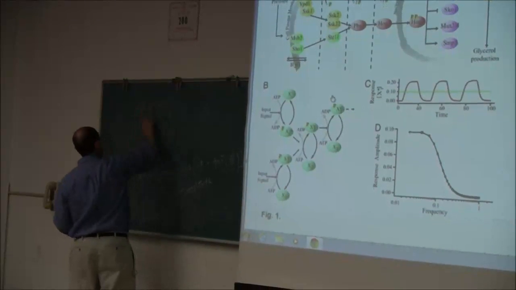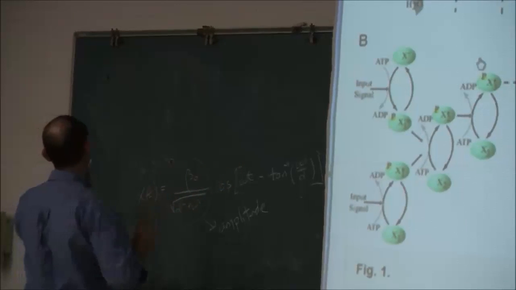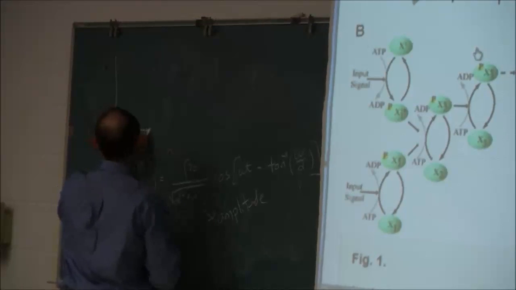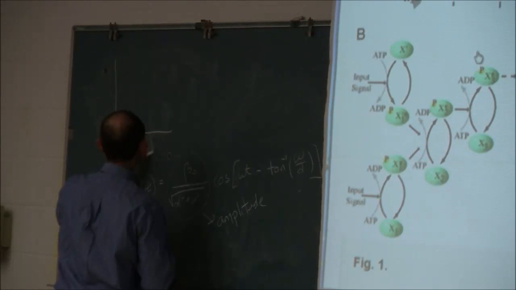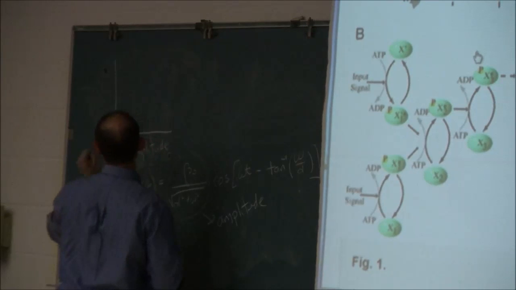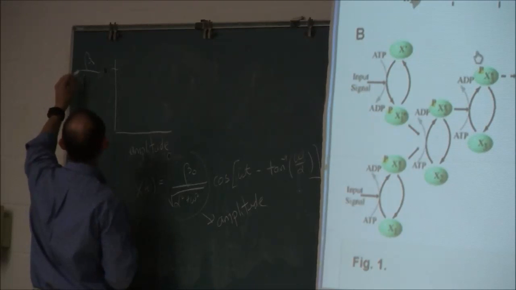So there's the output. We can look separately at the gain and the phase shift. On one side, the amplitude. So for the amplitude, we start at beta 0 over alpha.